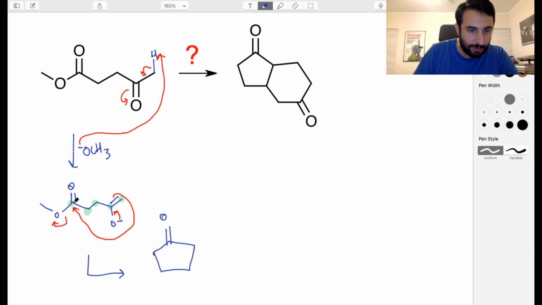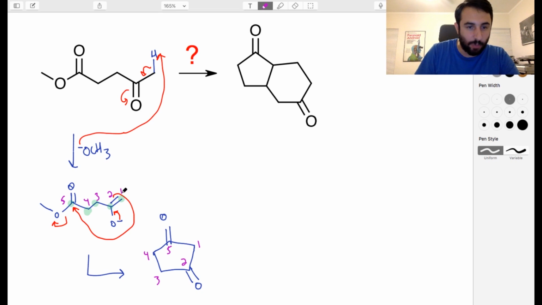So there's a carbonyl, 1, 2, and then 1, 2 carbons in between, and then another carbonyl, and then another carbon. So we could even number this if we wanted to. Let's go 1, 2, 3, 4, 5. If we do this like this, then 1 is right here, and then 2 is there, 3, 4, 5.